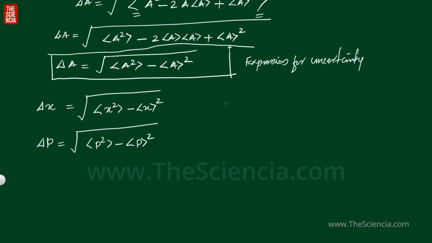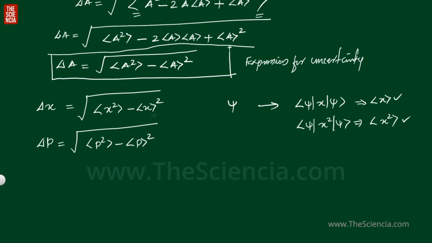Suppose a wave function is given, then what you have to do? You have to find out psi x psi. So you get the expectation value of x. And to calculate this delta x, you have to find out psi x square psi, that is average of x square or expectation value of x square. So if you have this value and this value, then substitute in this equation.